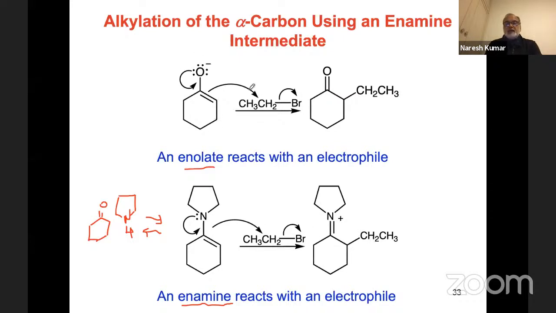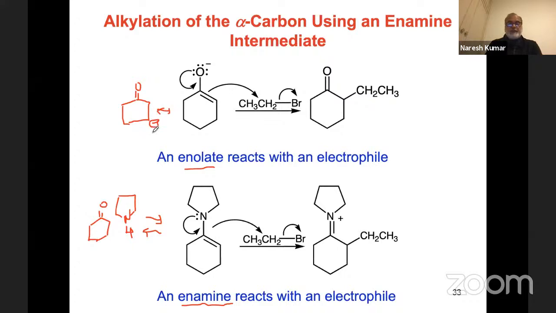So in the alkylation reactions we just learned, this enolate is in resonance with the corresponding carbanion. So this is a resonance structure for this compound here, right? This is what we learned in the last lecture. So these are resonance structures.